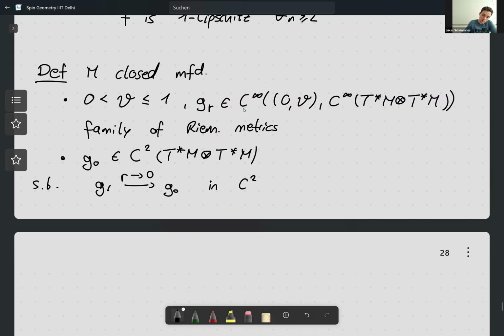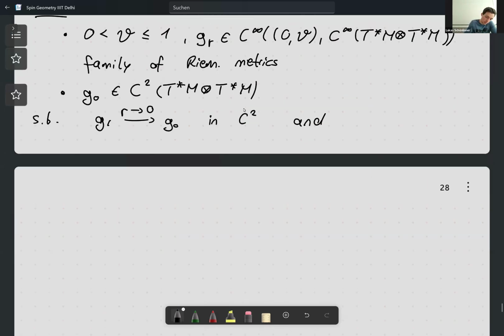And we also need some assumptions on the derivatives, namely the derivative of G_r. We can allow that it converges in some sense. We don't need that it's actually converging.